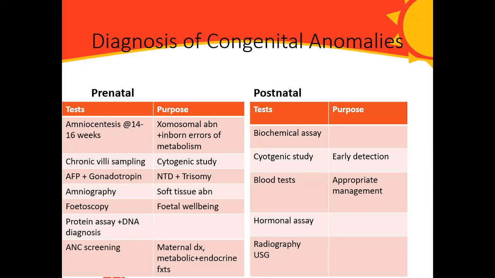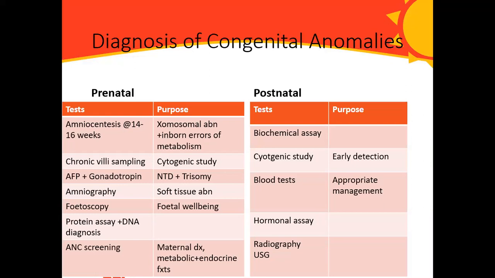Ultrasonography can be used for soft tissue abnormalities, and fetoscopy can be used prenatally to look at fetal well-being. Antenatal screening, often ignored, can give an insight into maternal disease that could impact on the newborn in terms of developmental malformation.